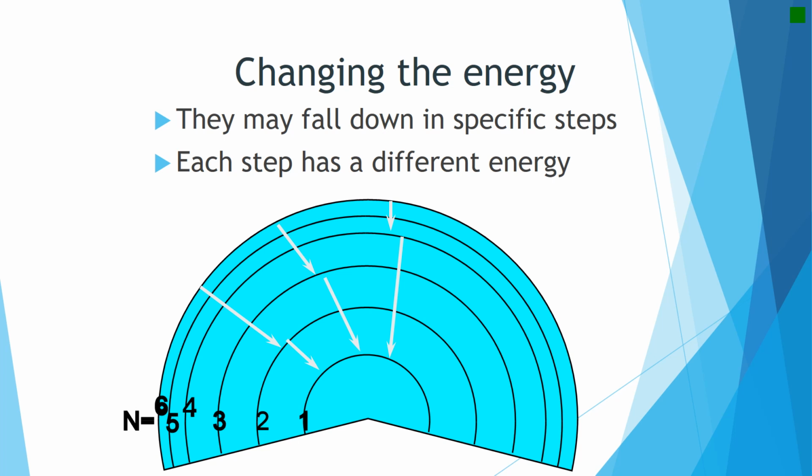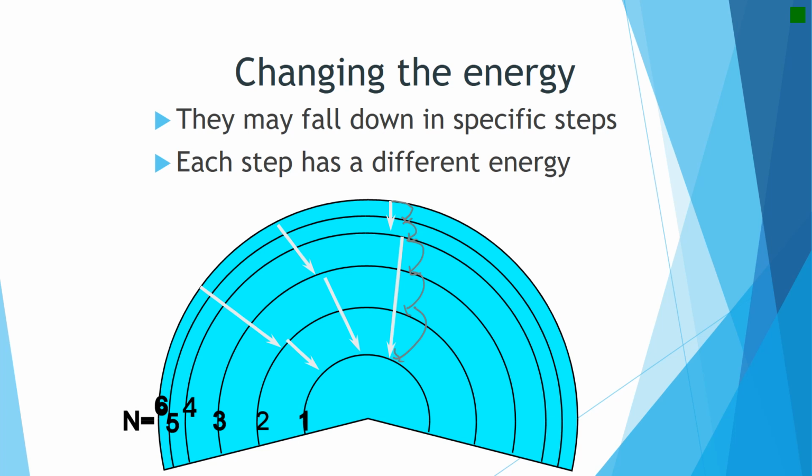And the drop may not just be one step. Let's say that our electron went all the way up to this top level. Maybe it goes down two levels, and then all the way back down. Or it could go from one level down to the next, down to the next, and so on; it just varies.